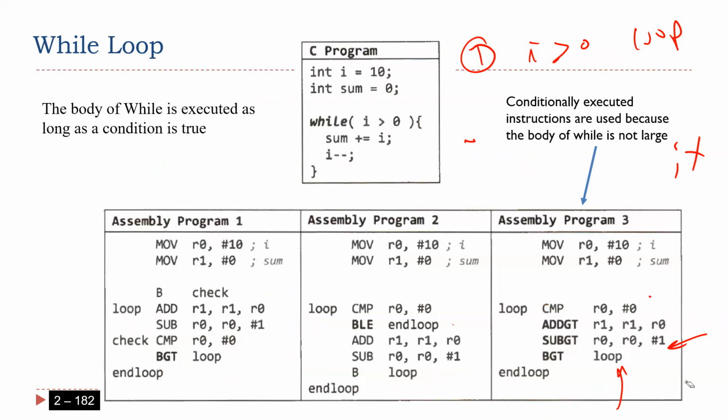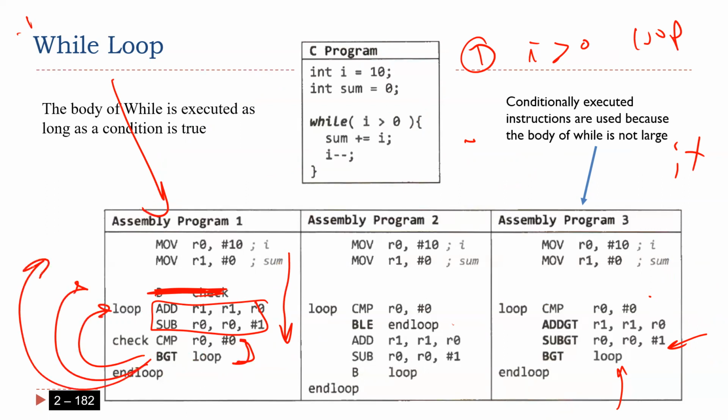How can you make do while? It's the same story, similar to what we did here. So look, try to see this program. I'm going to make a minor change in this program, okay? I'm going to just remove this instruction. It's going to be do while. So what's going to happen here, I'm going to come here, I'm going to execute the body first, then I'm going to check. If the condition is true, go back. If the condition is not true, please leave.